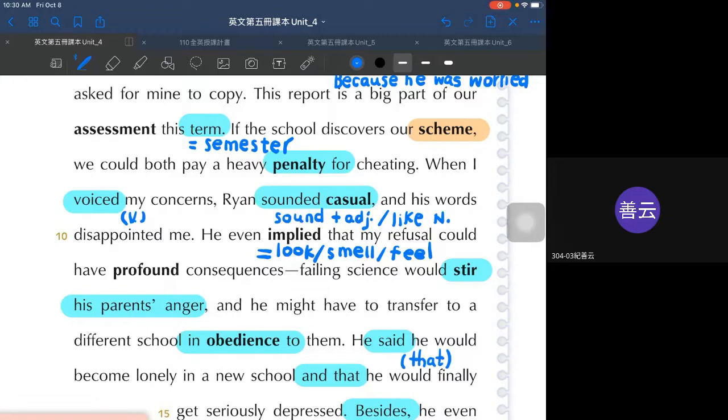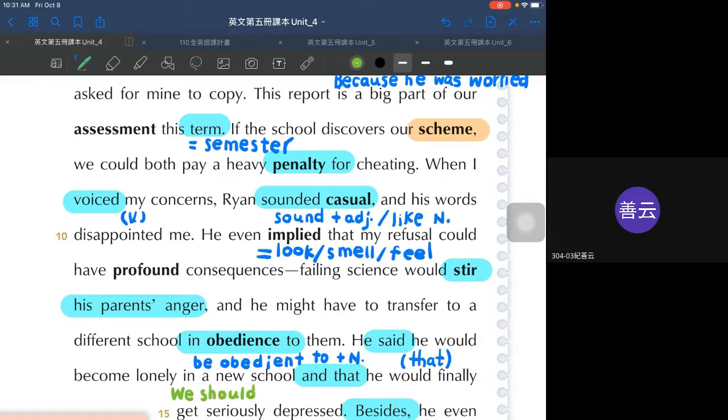You can also use be obedient to, using the adjective. Be obedient to something. For example, you can say, we should be obedient to rules, which means we should follow the rules, or we should obey the rules.